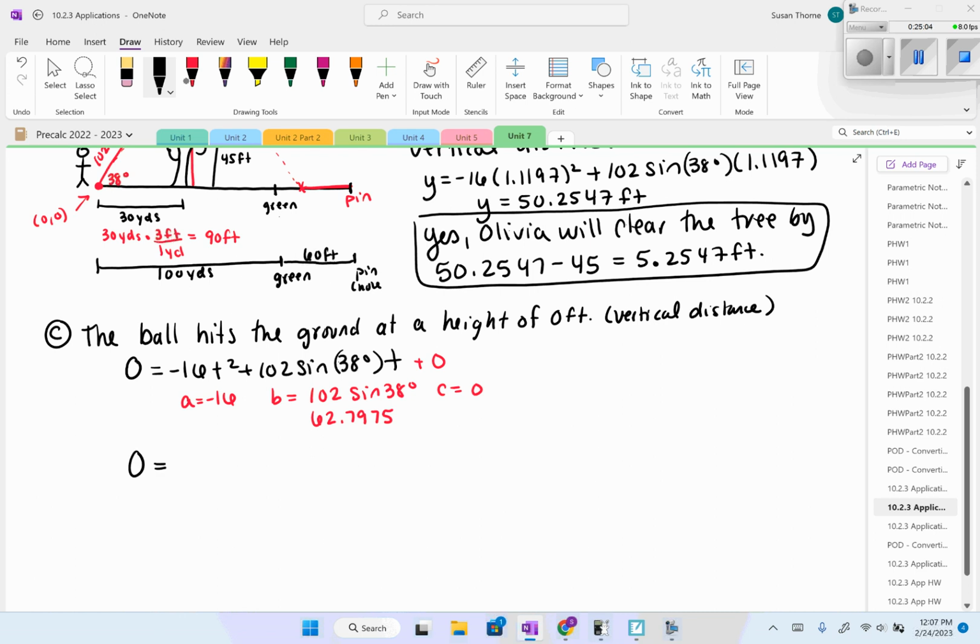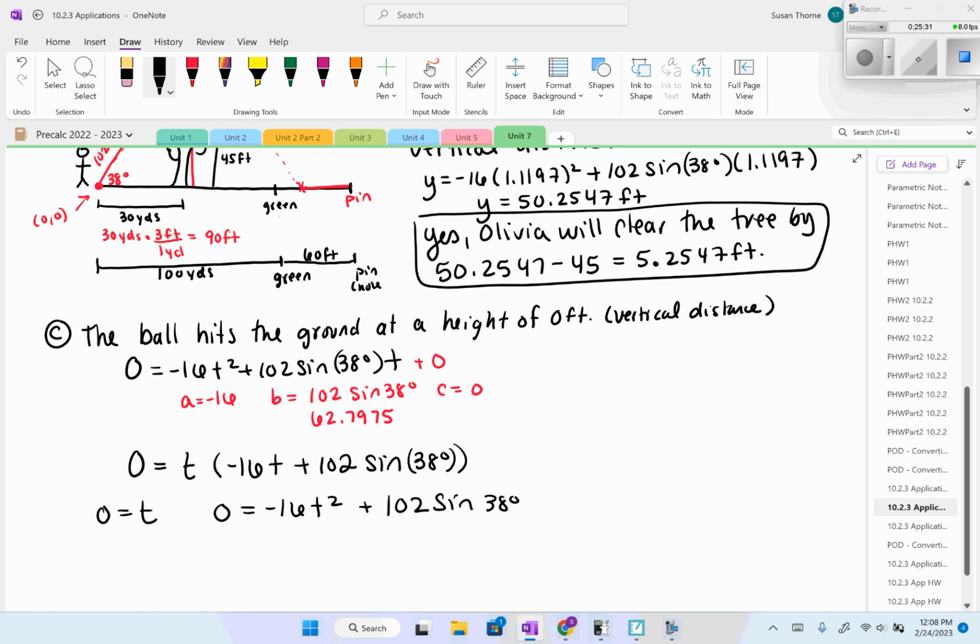So we get 0 equals, and the only thing I can factor out of these two terms is t. That gives us t times negative 16t plus 102 times the sine of 38 degrees. So I have 0 equals t, and 0 equals negative 16t plus 102 times the sine of 38 degrees.